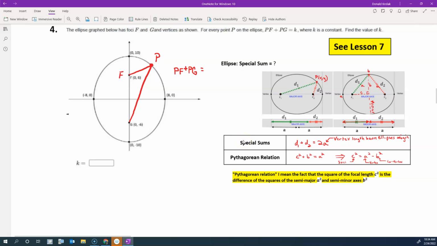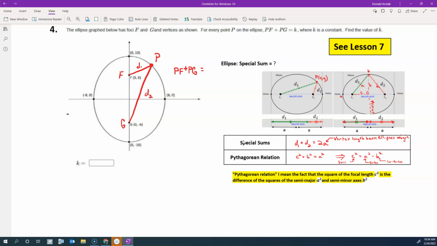Over here we called this the first distance. This was the second distance. What does that have to add up to? 2a. Right, this adds up to 2 times a.